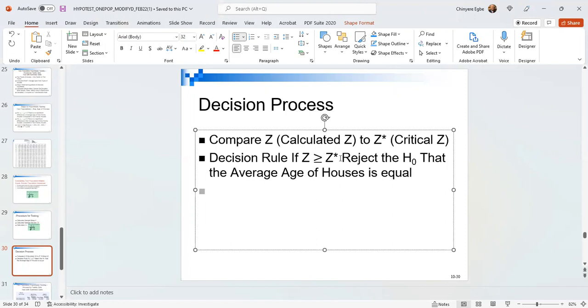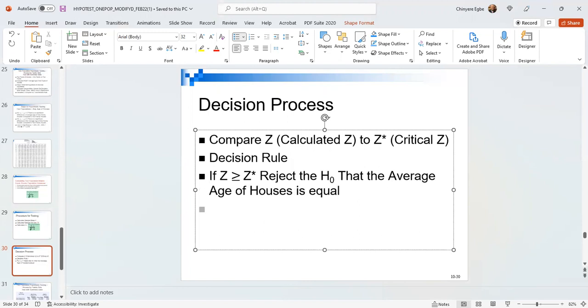Now, if Z is less than Z star, then we cannot reject the null hypothesis.